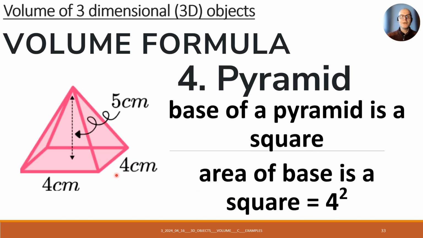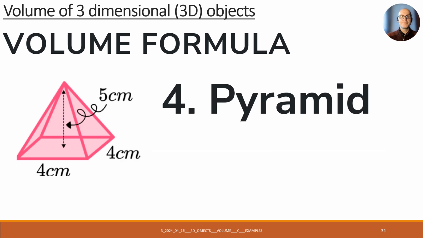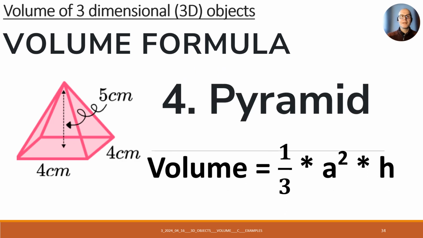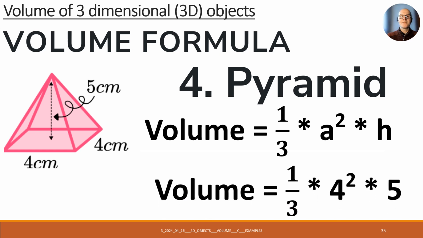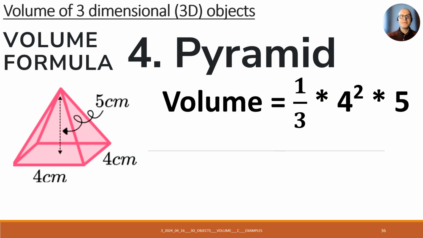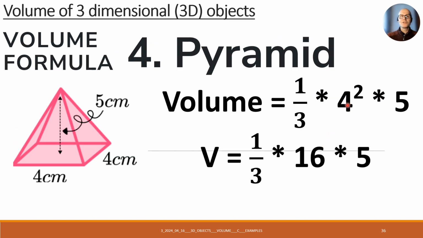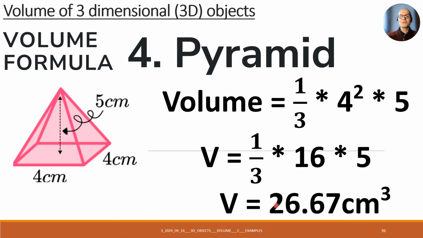So in this example, the area of the base, which is a square, would be 4 squared. Let's put these figures into the formula. 1/3 times 4 squared times 5. 4 squared is 16. 1/3 times 16 times 5. Volume equals 26.67 recurring centimetres cubed.